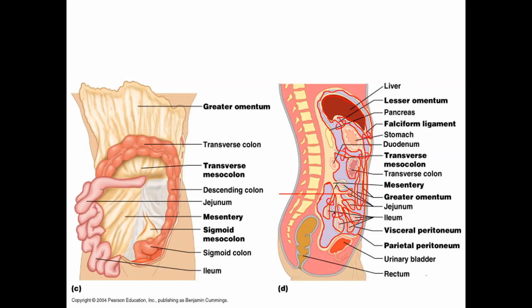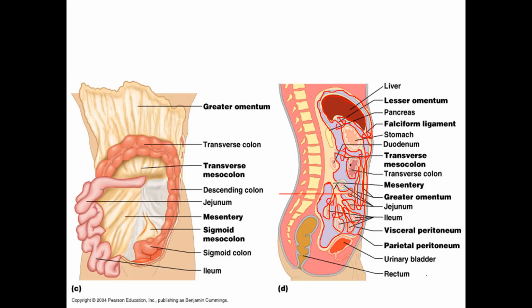Okay, so by definition, we say mesenteries are two membranous structures that travel side by side, right? And also in between this mesentery structure, blood vessels and nerves can travel, kind of making a sandwich structure. So these are mesenteries.